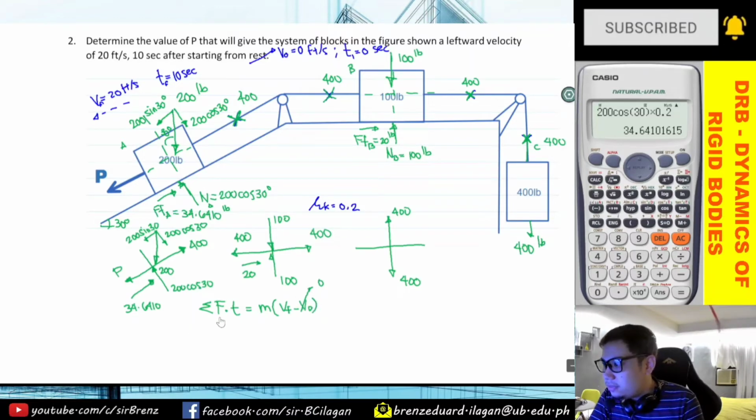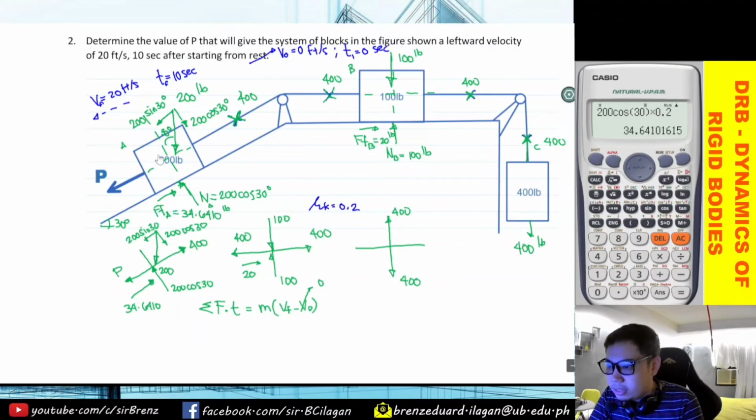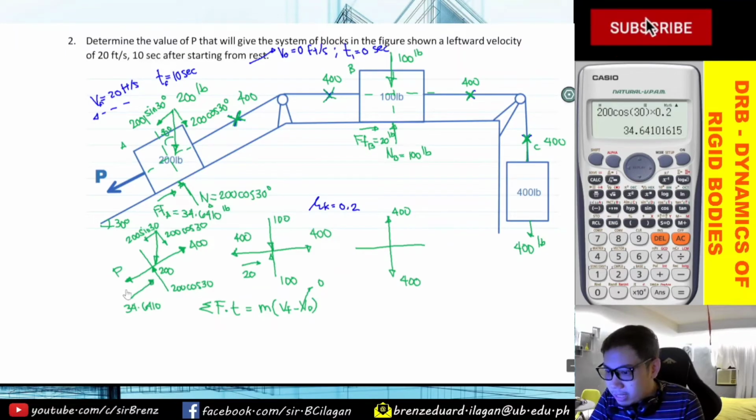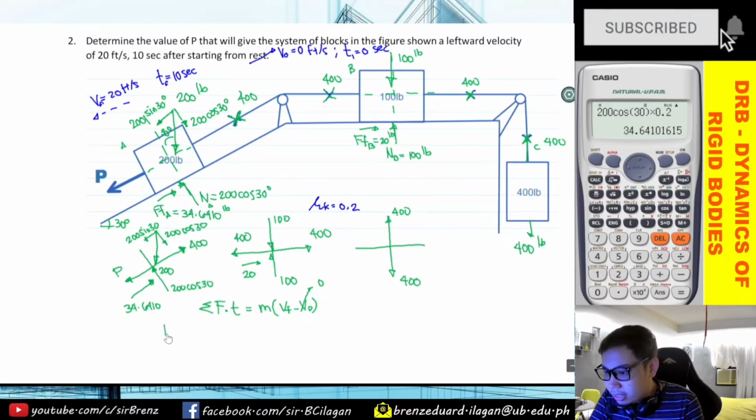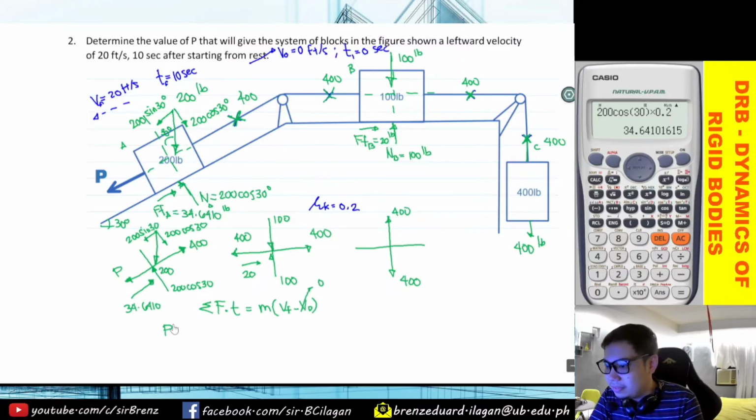Okay, so first, unahin natin yung impulse part. So let's start first with block A. So yung nag-contribute sa positive impulse natin is yung P kasi going in the direction, left direction, or going with the motion of the system. Yung force, kaya naging positive siya.